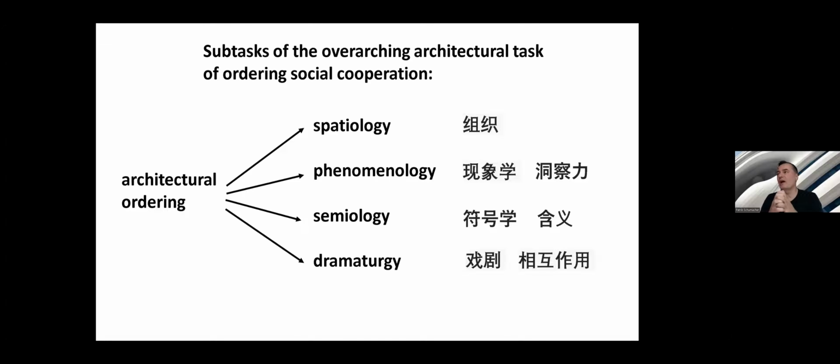And so I'm distinguishing these four subtasks of the overarching task of ordering social cooperation. And so I'm using these phrases: spatiology, phenomenology, semiology, and dramaturgy. So you can see here some of the translation. Spatiology, I used to call it organization, but spatiology shows more that it's maybe a science of organization.